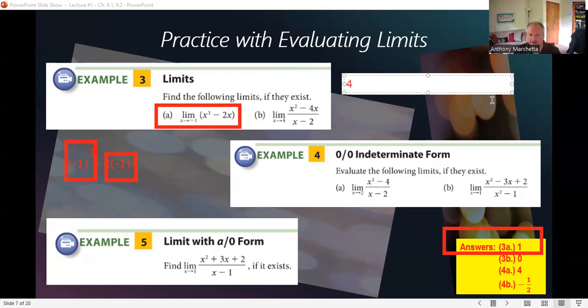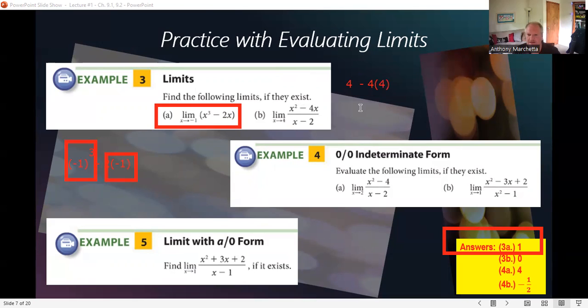It would be 4 squared minus 4x, and x is 4 this time. Let me just put my 2 up there. And then I have a line. And then I've got the bottom, which would be 4 minus 2. All right. Simplify.